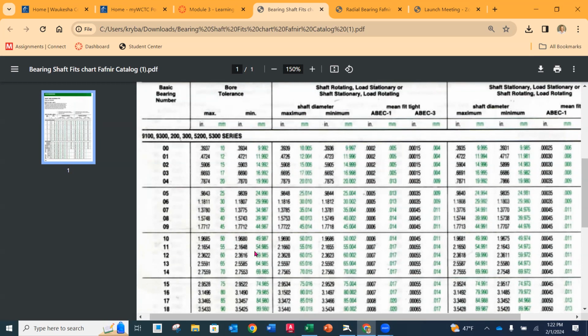Okay. So now it's telling us these are the limits that we would put where we are going to be mounting this bearing. So we want our shaft diameter to be a max of 2.1660 and a min of 2.1655. So I'm going to write that down because that's what we're going to fill in for our Excel spreadsheet.